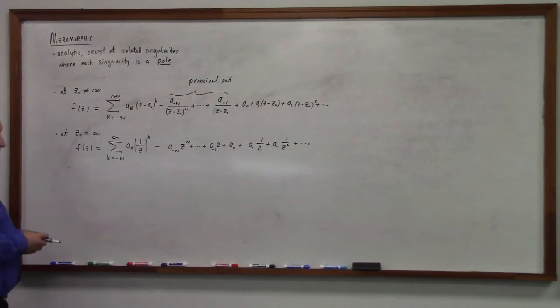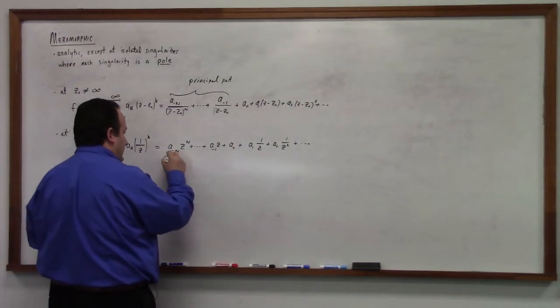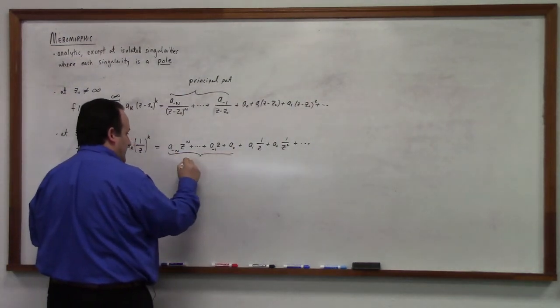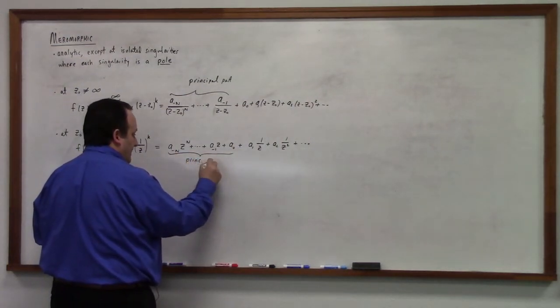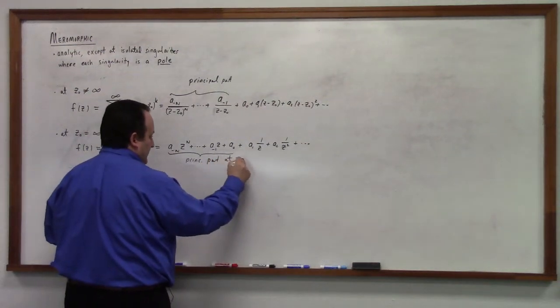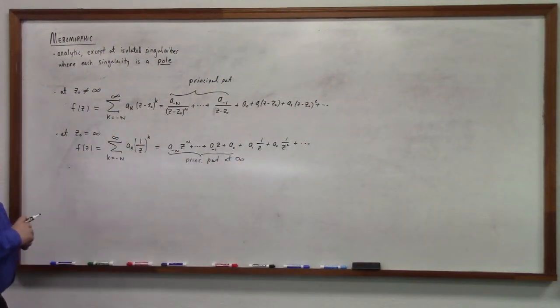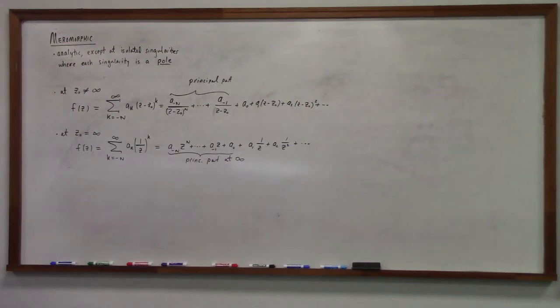So this right here is the principal part at infinity. If you've got infinitely many of those sorts of things at infinity, that means you've got an essential singularity.